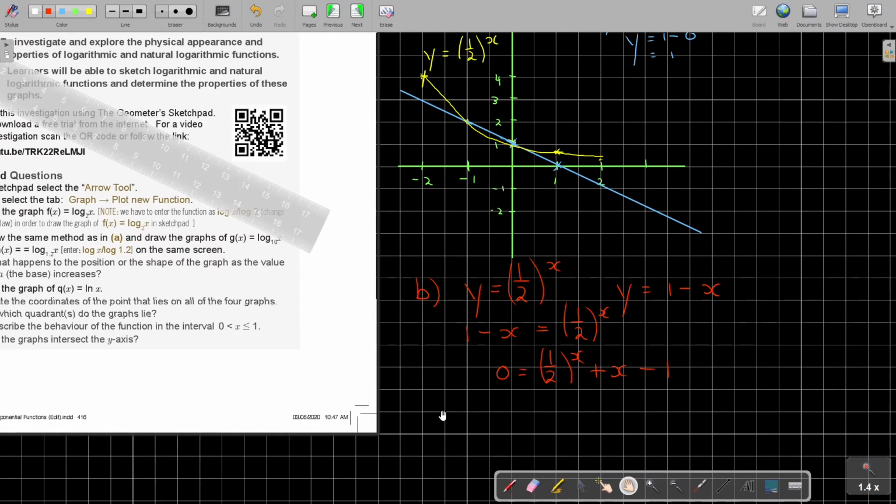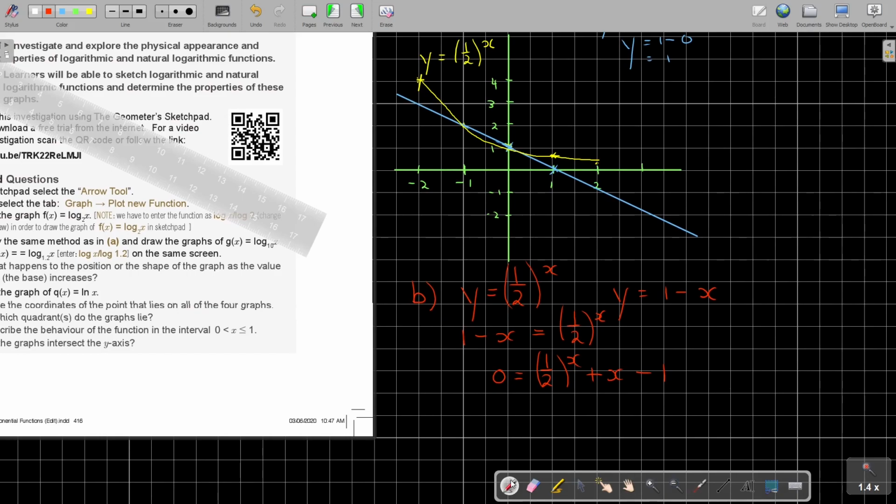So therefore, 2 points of intersection, so therefore 2 solutions. Okay, and that's how you do it.